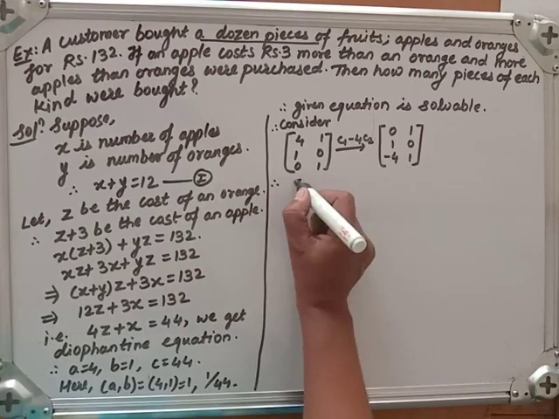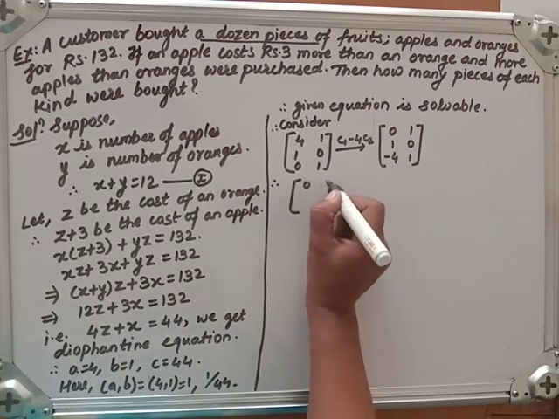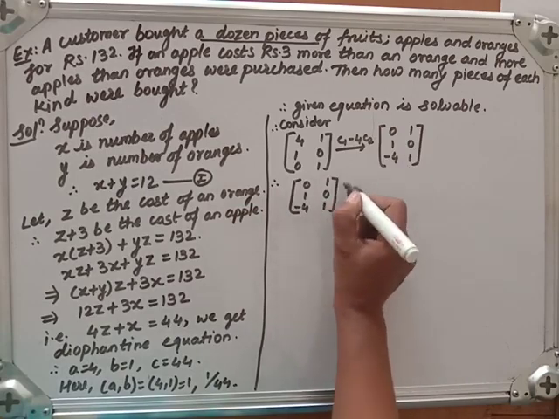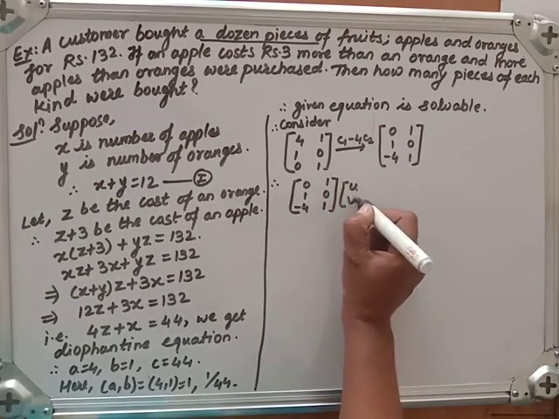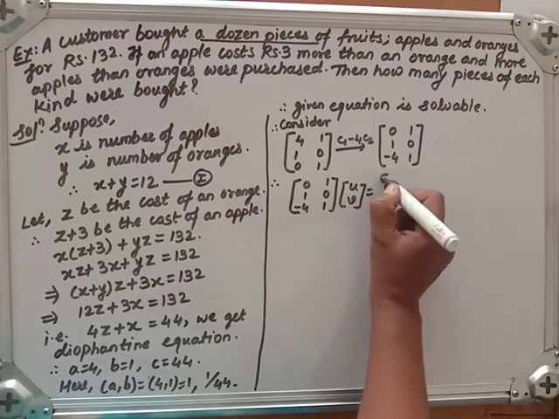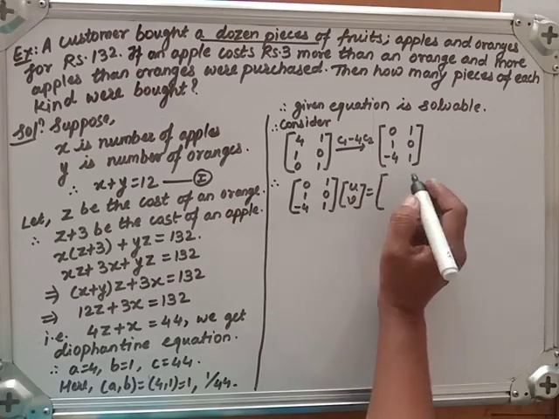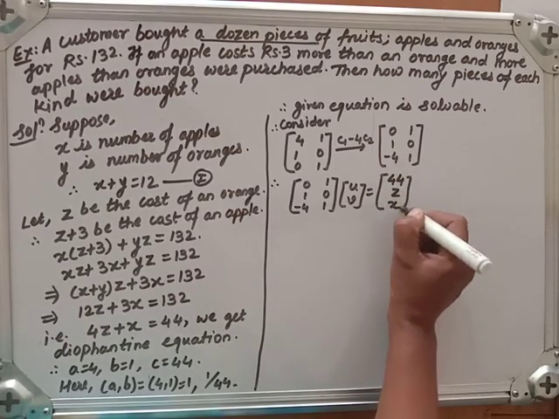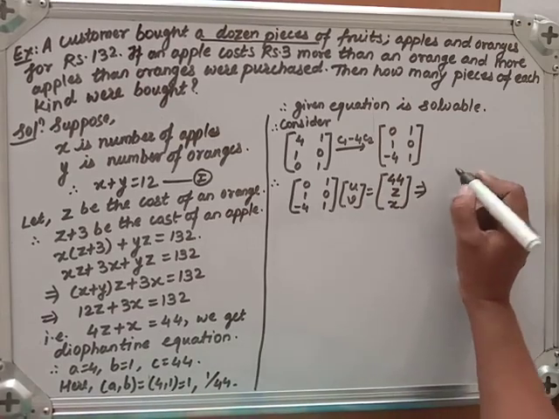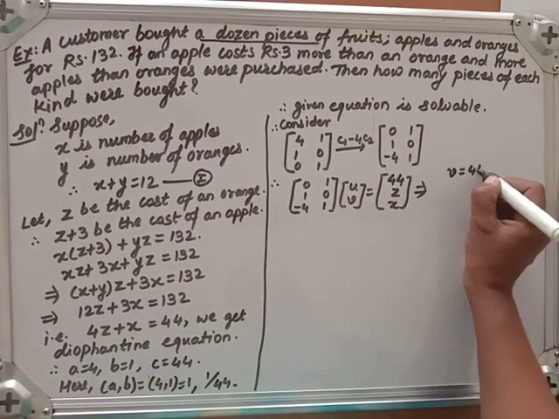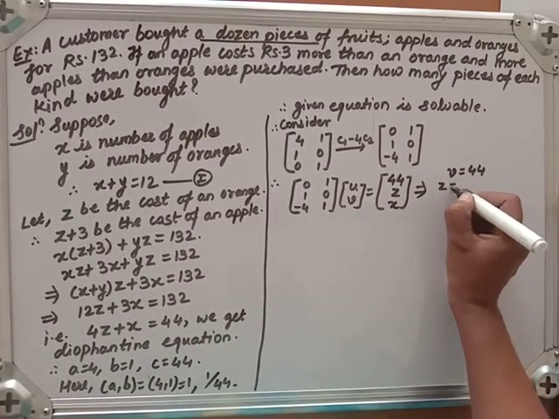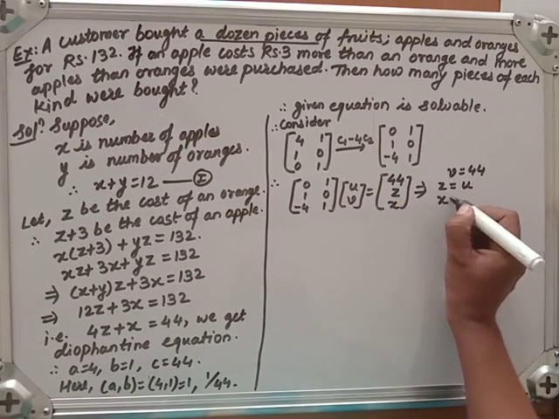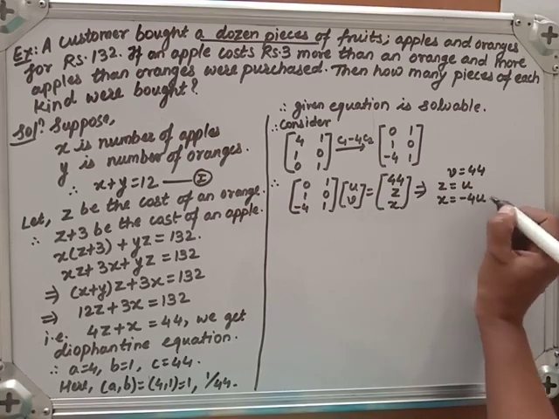Therefore, the system is equal to 44 and z, x. So this gives us V equal to 44, z equal to U and x equal to minus 4U plus V.